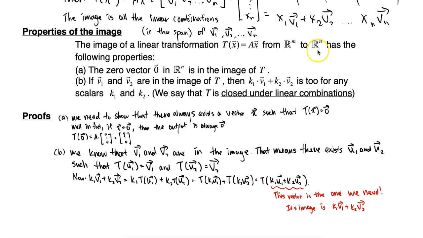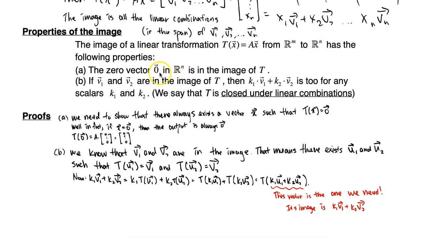It might not be the same space, and it's a key understanding to realize that the image is something that happens in the target space. So just like the range for a function, the range is not something about x, it's something about y. It's the y values that are reached by the function. Here, the image is the vectors that are reached by the linear transformation in the target space.